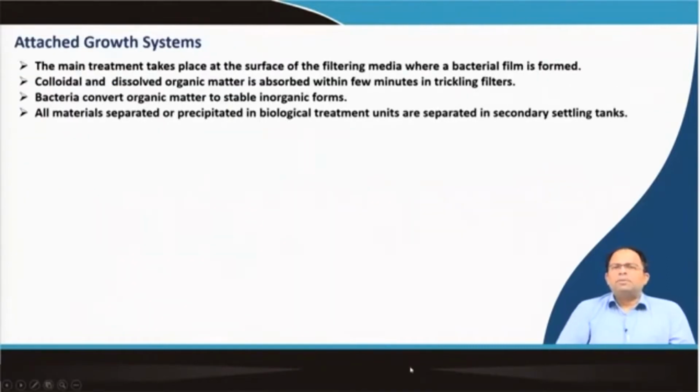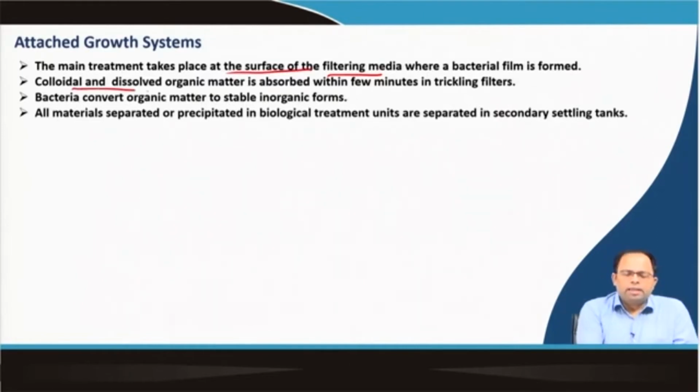So, let us first start with attached growth systems. In these systems, as we have discussed, there is a filtering media, and the treatment takes place at the surface of the filtering media where the film is formed. Usually colloidal and dissolved organic matter is acted upon, and it takes a few minutes in a trickling filter for this matter to get absorbed by the bacterial film itself.